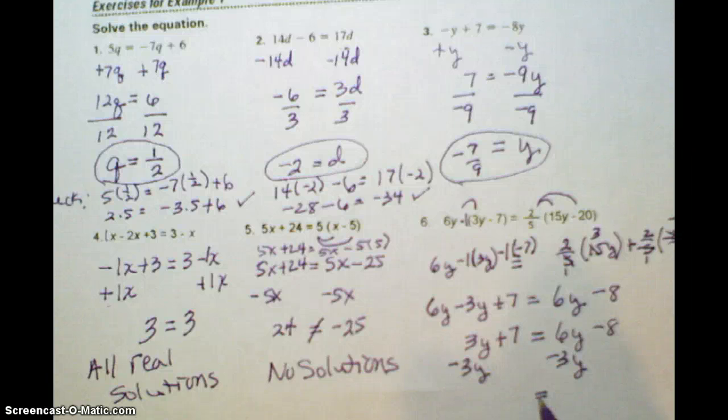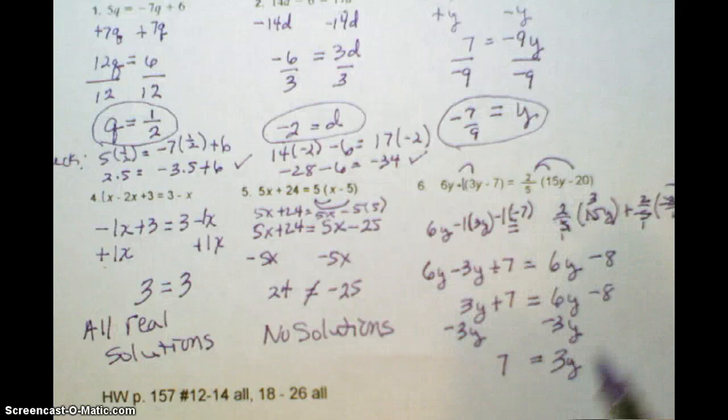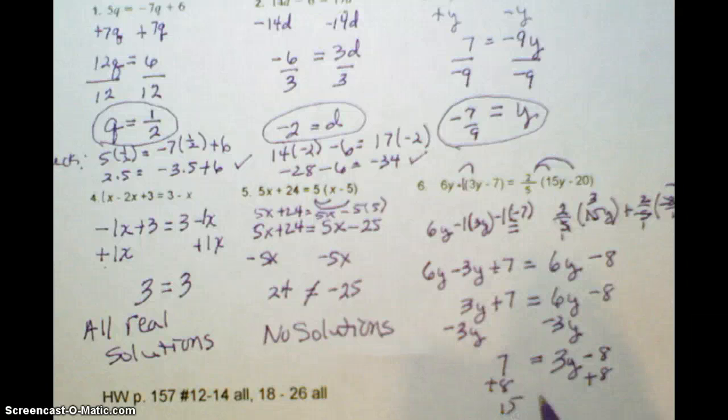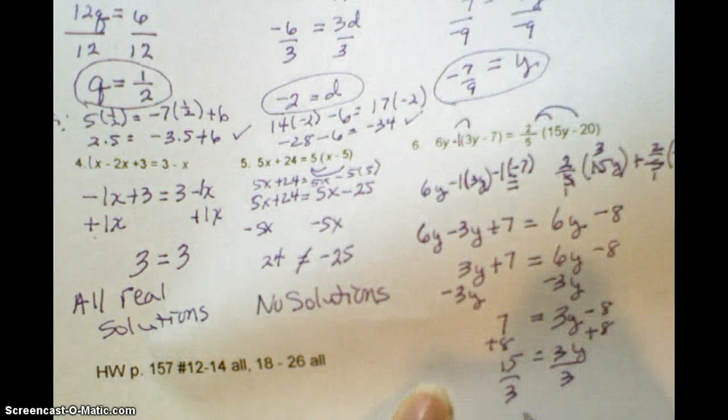Then on this side of the equal sign, I have a +7. 6y minus 3y is 3y minus 8. And now I have a two-step. Add 8 to both sides. 15 equals 3y. Divide by 3 on both sides. And then I get 5 equals y.